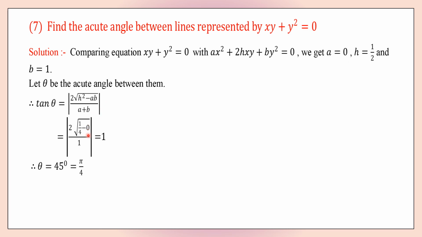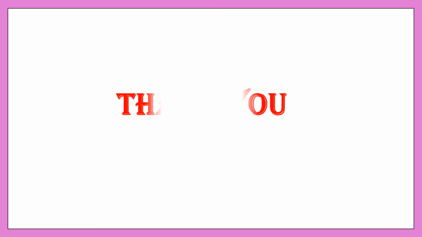Therefore we take 0, divided by a plus b, that is 0 plus 1 is 1, equal to. Here root 1 by 4 is square of 1 by 2, then 2 cancel. We get root 1, which is 1. Therefore tan theta equal to 1. Hence theta equal to 45 degree equal to pi by 4. Therefore the angle between these two lines is theta equal to 45 degree.